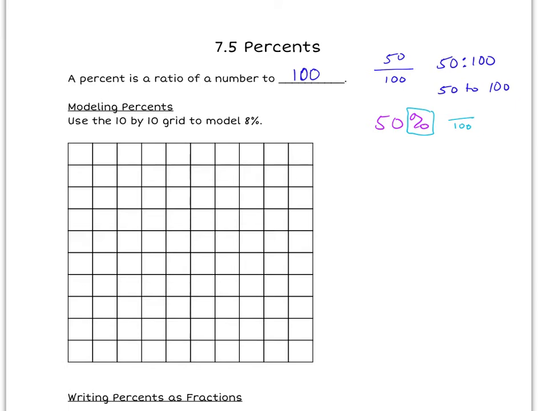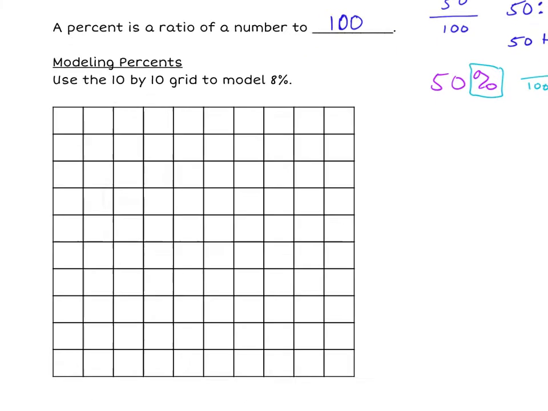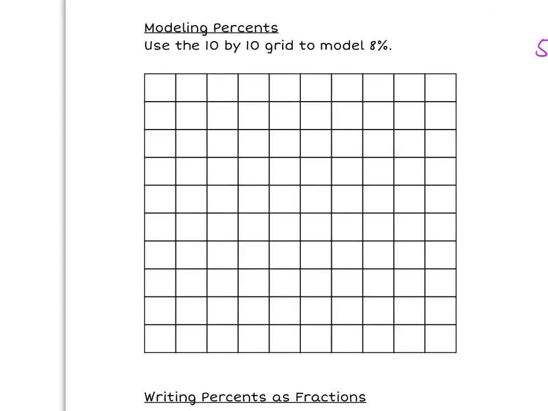When we think about percents and we're thinking about modeling those, we can use what we call a 10 by 10 grid. In a 10 by 10 grid, there are 100 little squares. So if we think about 8%, it's 8 out of 100. We would shade in 8 squares.